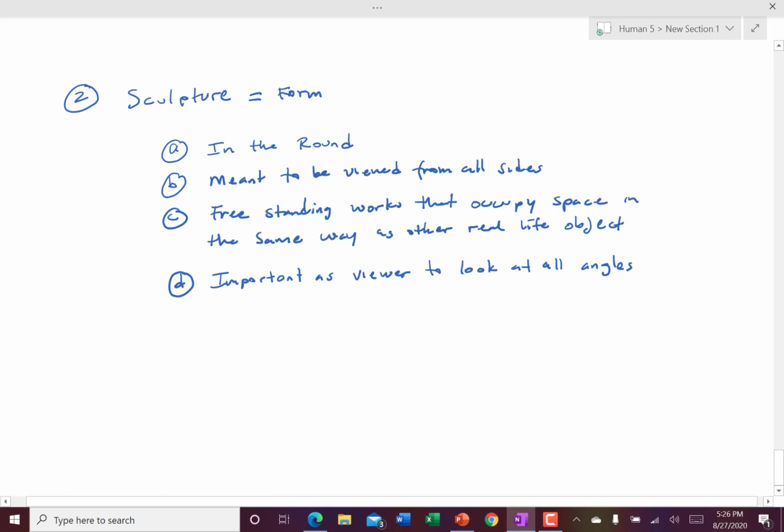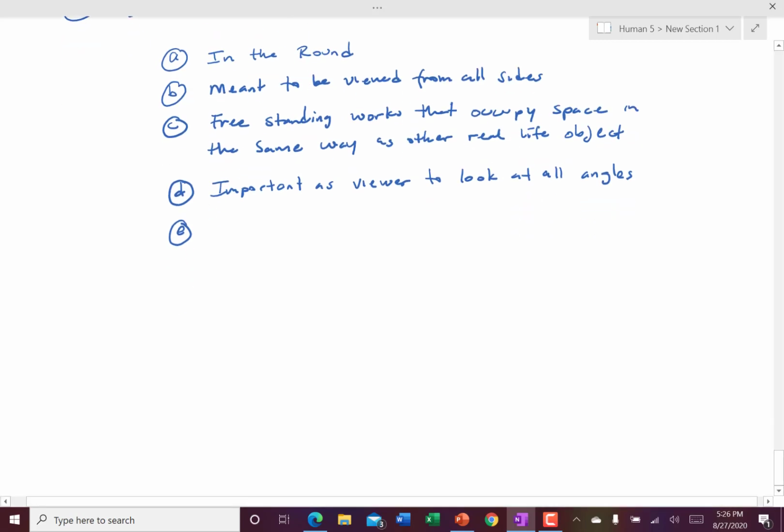When you have an artist who is making a sculpture, they know that people are going to be looking at it from more than one angle. And we're going to look at some clever examples of why, if you only looked at it from one angle, you actually are missing out, because it's a 360-degree thing where every aspect of it is important, right? When you're drawing, it's just the front.